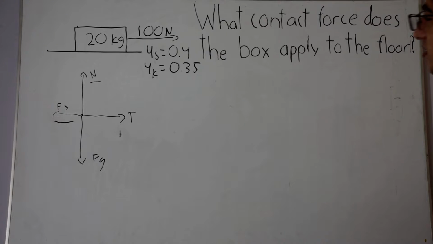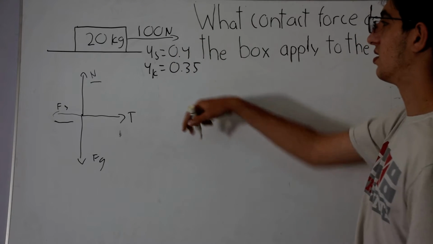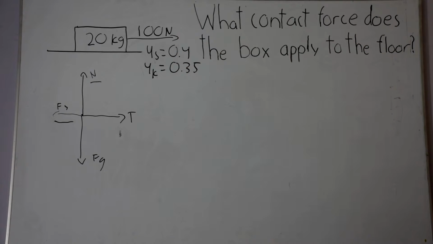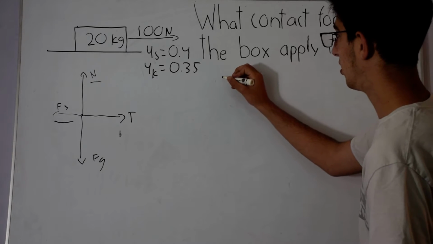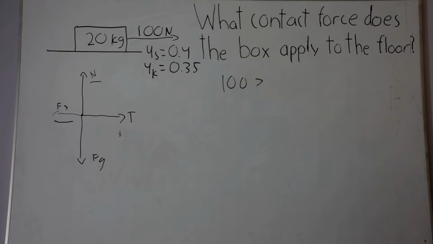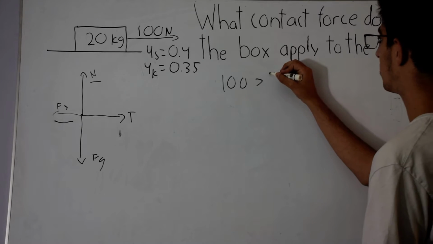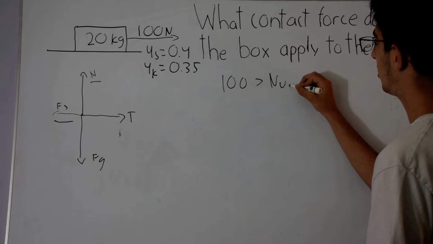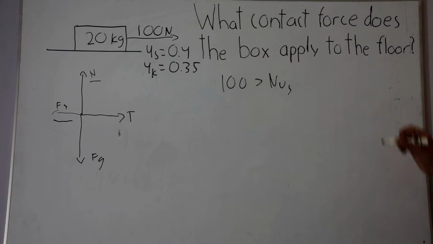And to do that, we need to see if this 100 newtons of force is enough to overcome the maximum friction force. So, the question is, is 100 greater than the maximum friction force, which is equal to the normal force times the coefficient of static friction? We have to find out.